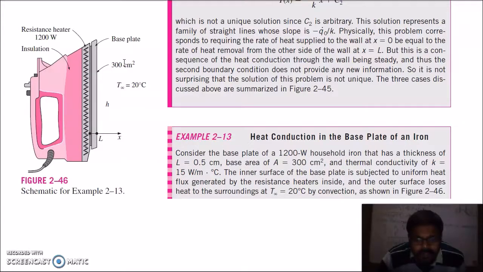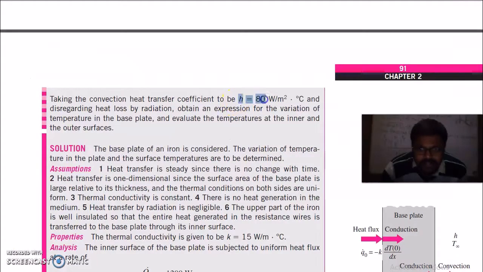The inner surface of the base plate is subjected to uniform heat flux by the heater, and the outer surface loses heat to the surroundings, whose temperature is 20 degrees Celsius. Considering the air side heat transfer coefficient of 80 watt per meter square degree Celsius and discarding the heat loss by radiation, obtain an expression for the variation of temperature in the base plate and evaluate the temperature at the inner surface and outer surface.